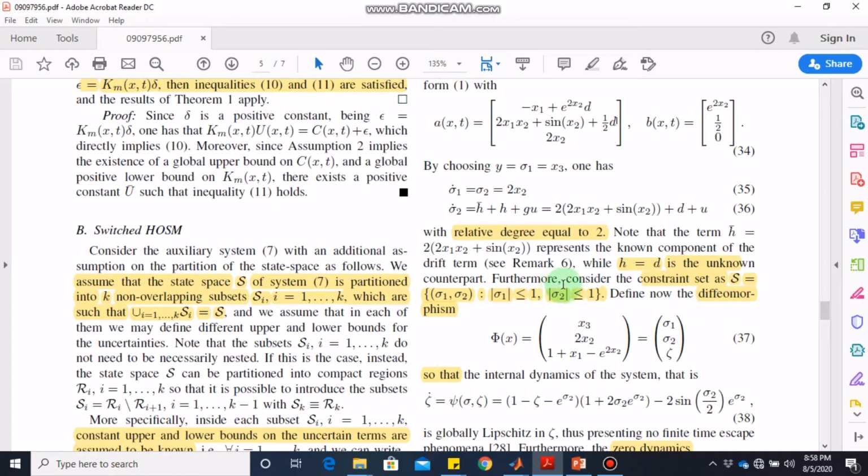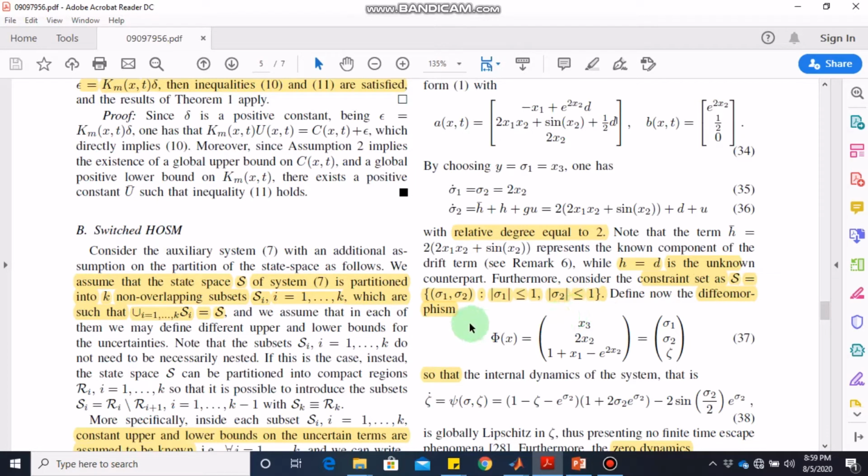You can see here that they have considered in this paper the constraint on the sliding surfaces. The constraint is that the magnitude of the sliding surface cannot be greater than 1. Neither the magnitude of sigma 1 nor the magnitude of sigma 2 can be greater than 1. So this is a manifold in which the sliding surfaces have to operate.